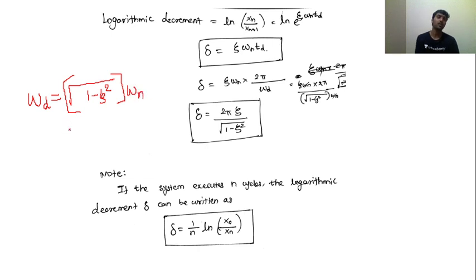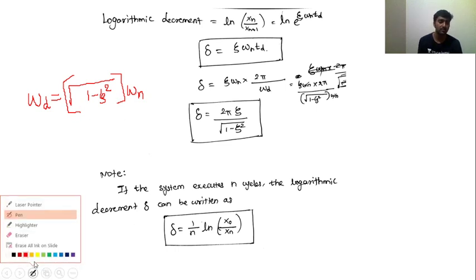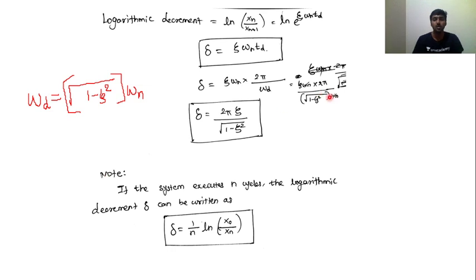Now substitute the value root of 1 minus zeta square into omega n instead of omega d in this equation. Now cancel omega n. The logarithmic decrement is given as delta is equal to 2 pi zeta divided by root of 1 minus zeta square.